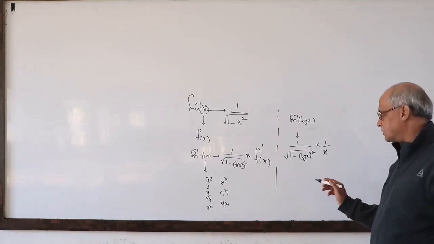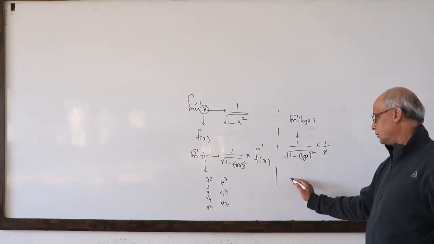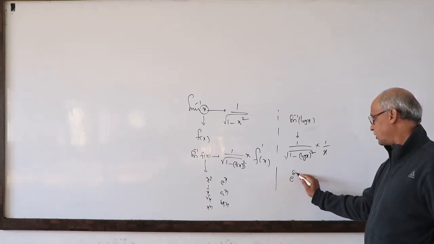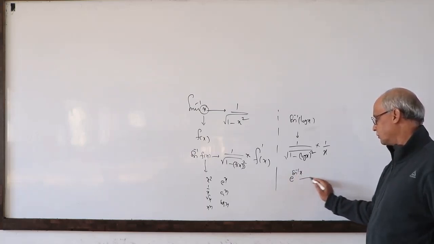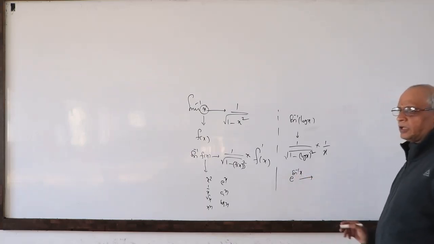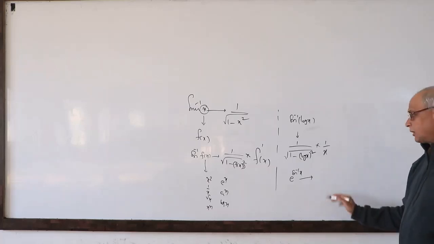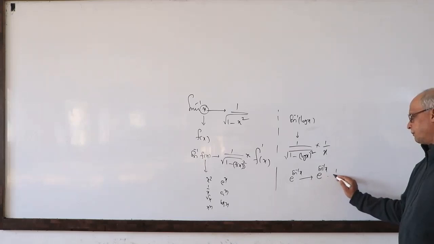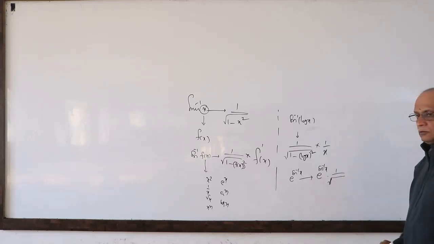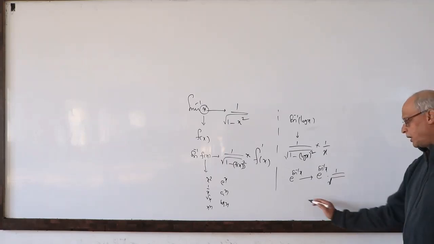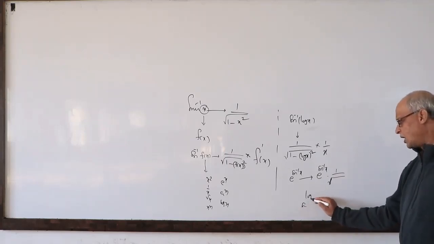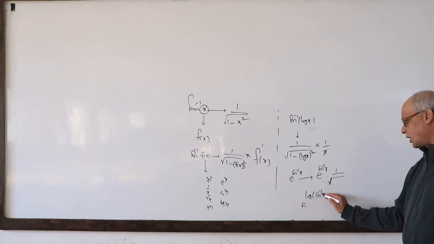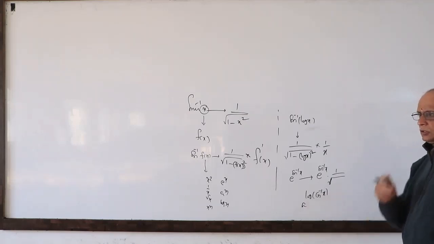Sometimes there is a chance of e power sin inverse x. Very good. In the form of e power x, what is e power x derivative? Same only, multiplied by 1 by root of 1 minus x square. Right? A power log of cos inverse x. These are all varieties of combinations only.